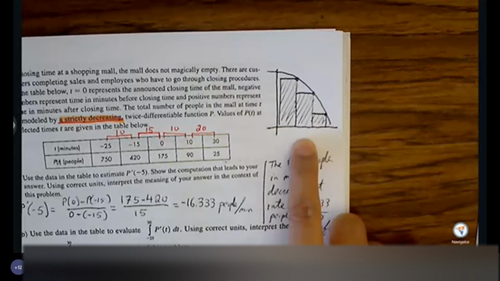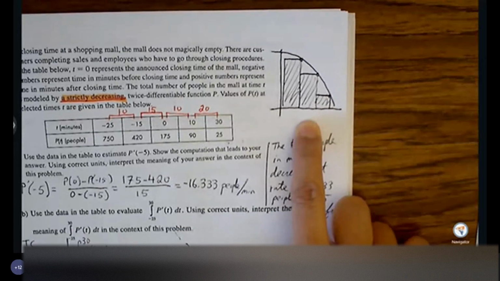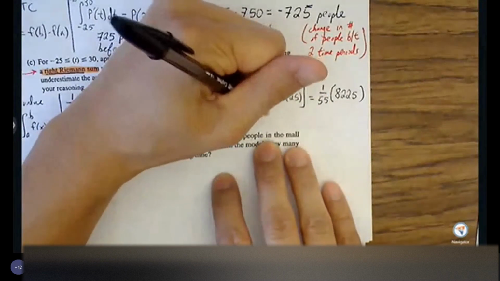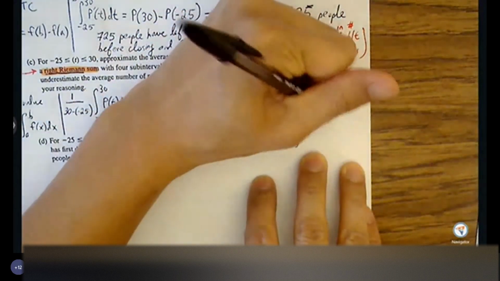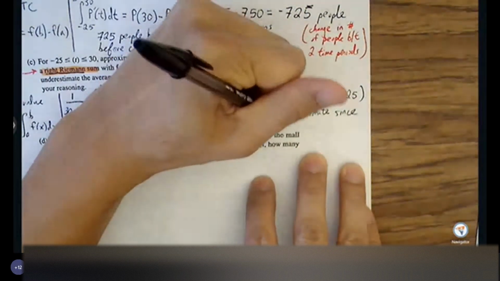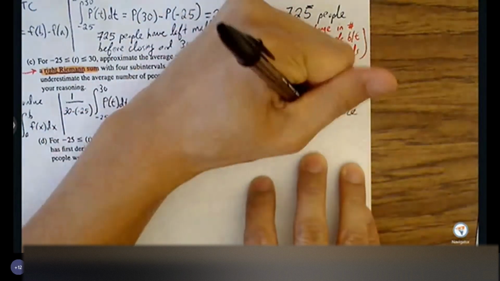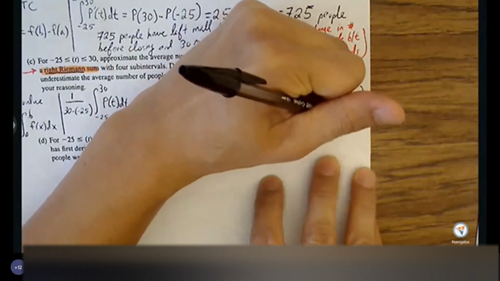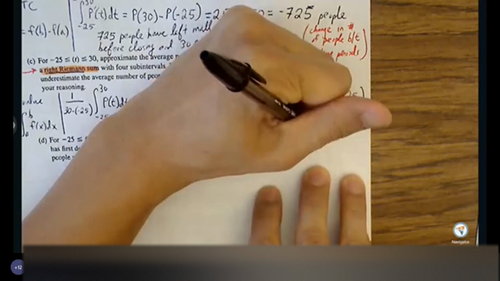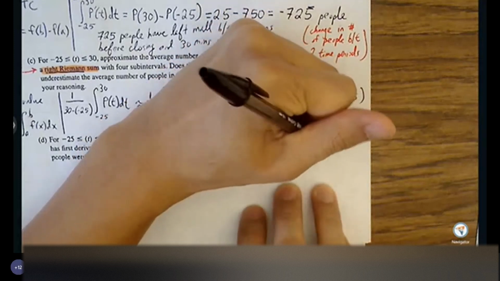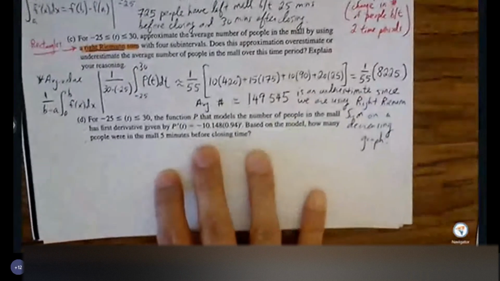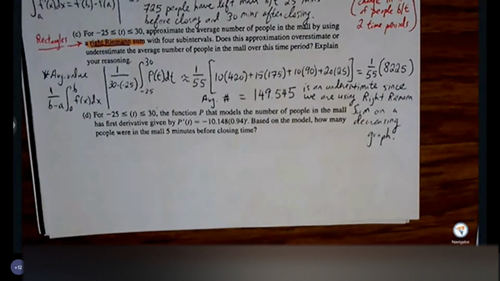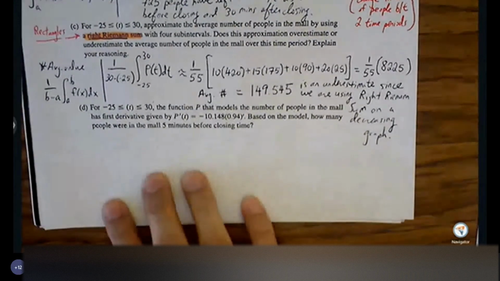So we say this is an under approximation. Any questions with C?